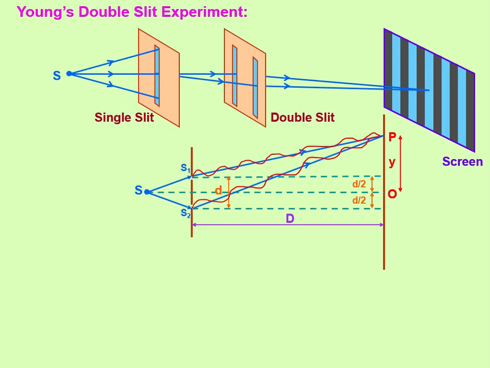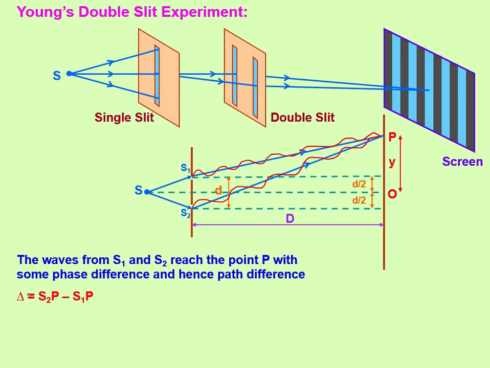S2P is the greater distance, S1P is the slightly shorter distance. So the path difference delta is S2P minus S1P. Clear? Very important part of this theory. S2P is the distance from the second slit to the point on the screen, and S1P is the distance from the first slit to the point on the screen. Since S2 travels slightly extra distance, the path difference is the longer distance S2P minus the shorter distance S1P.